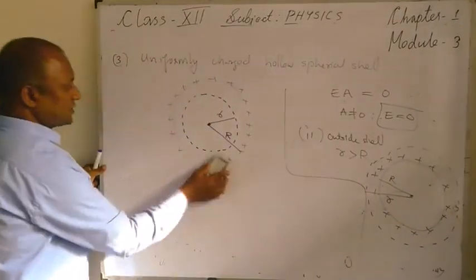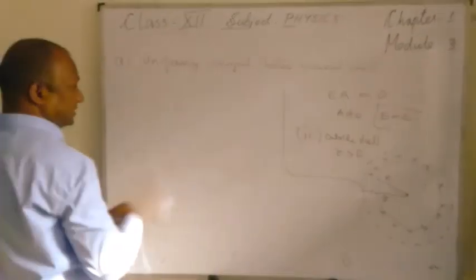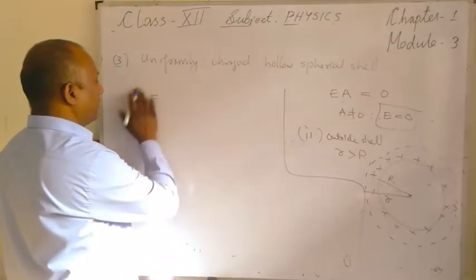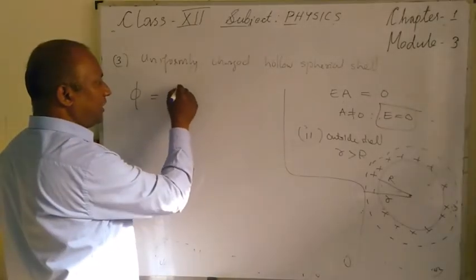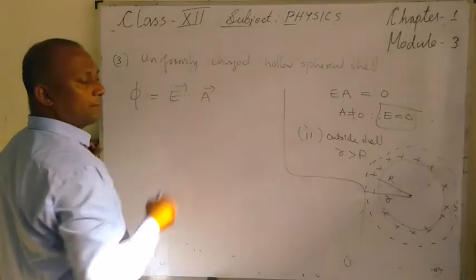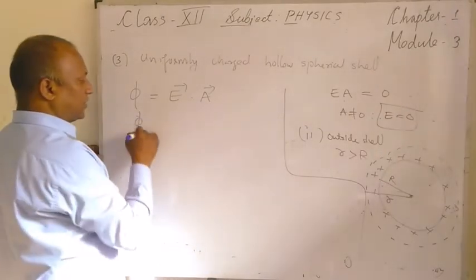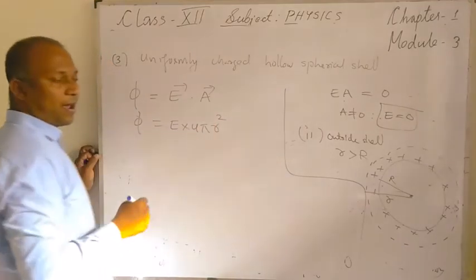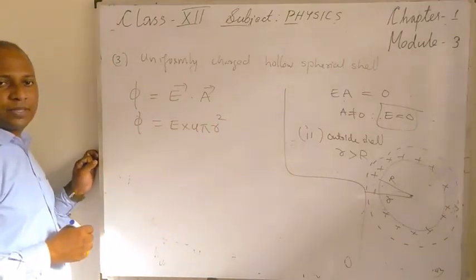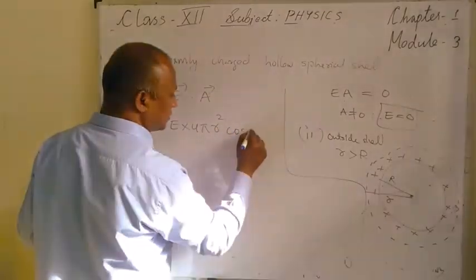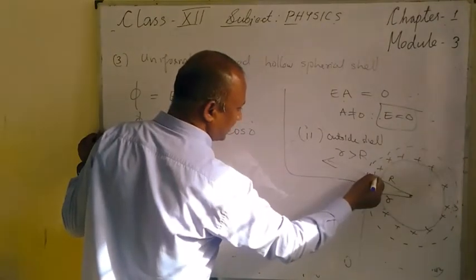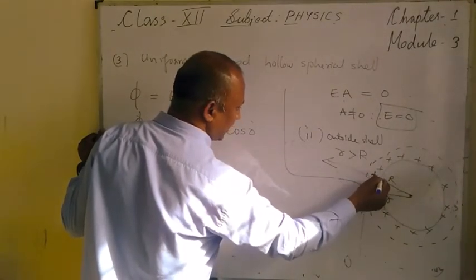So then, what is the electric field intensity inside? By definition, flux is equal to E dot A, or flux is equal to E into the total surface, which is 4 pi R square, into cos 0, because the area direction is this way and the positive charge direction is also this way.